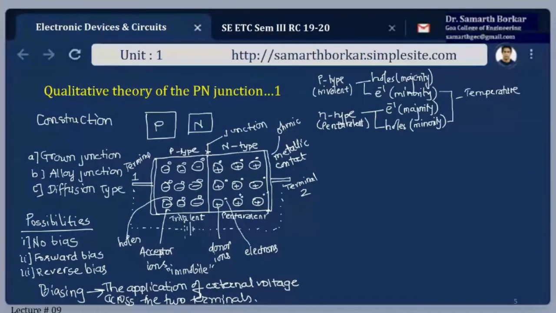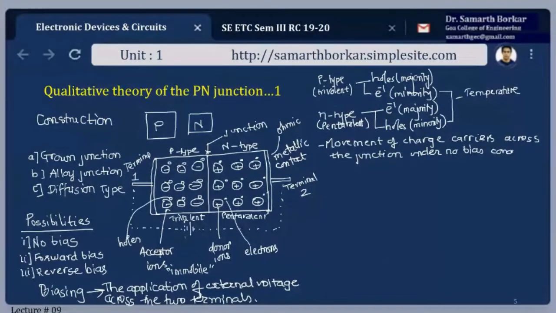So it is the movement of charge carriers across the junction under no bias condition.